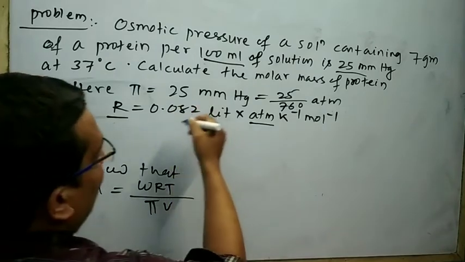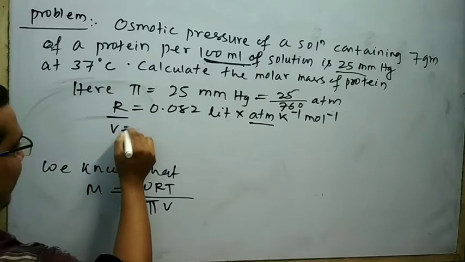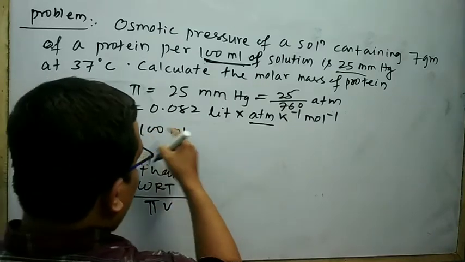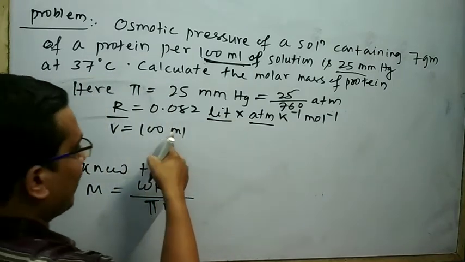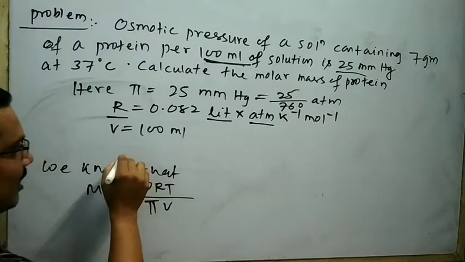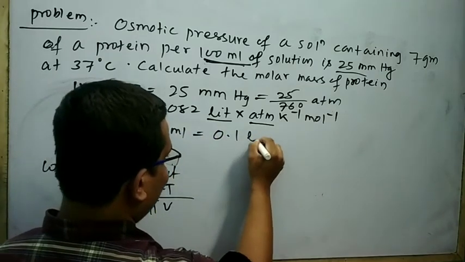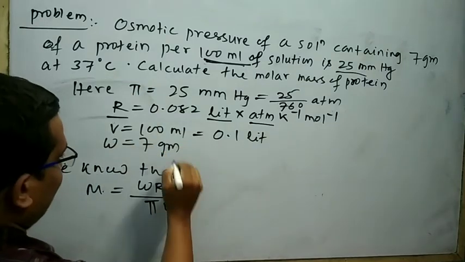The volume of the solution is 100 ml, so V equal to 100 ml. The value of R is written in liter, so we convert ml into liter. That means V equal to 100 ml equal to 0.1 liter. The value of W is equal to 7 gram.